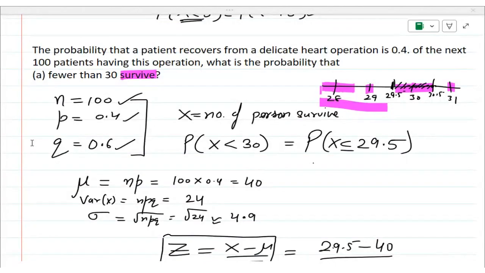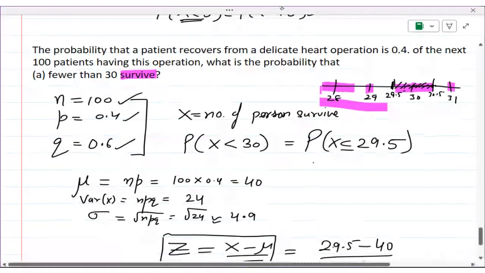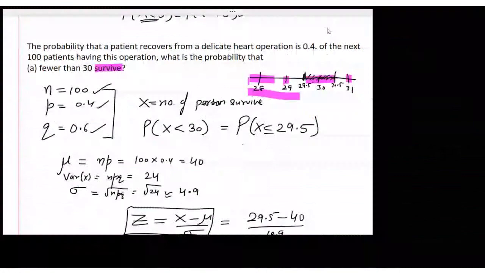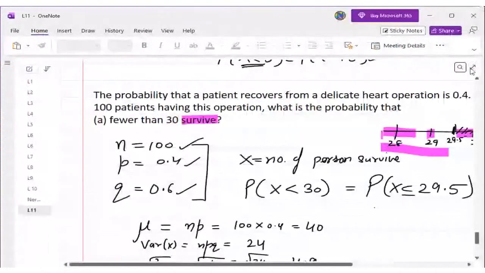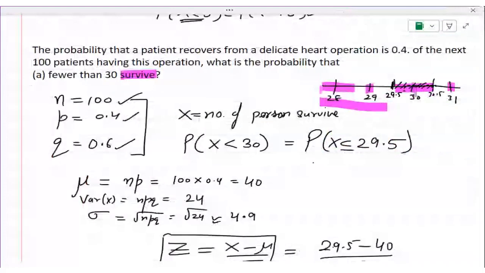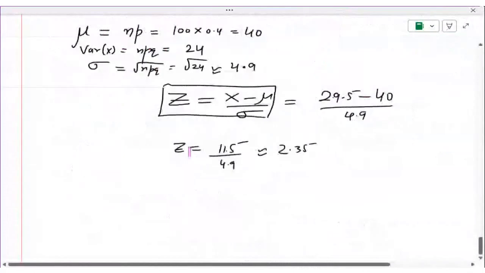But this correction factor will be there in the normal approximation to the binomial distribution question. Okay, understood? In the question you may be told to do it with this, or it may not be told to you.